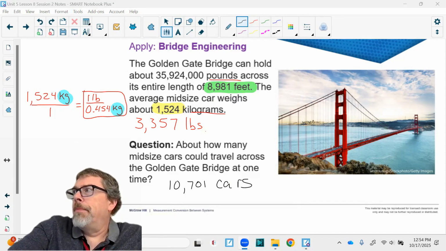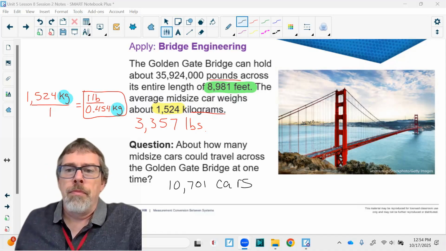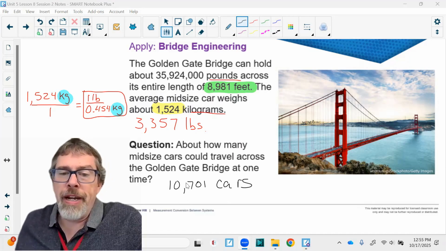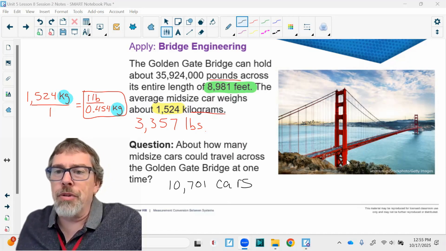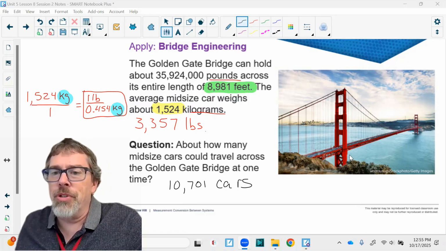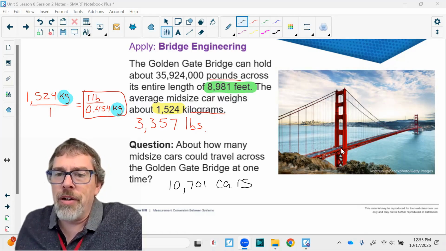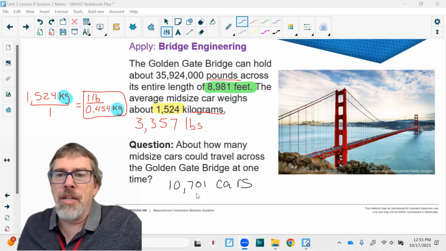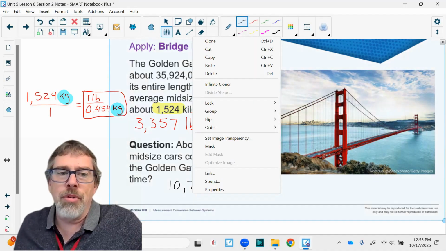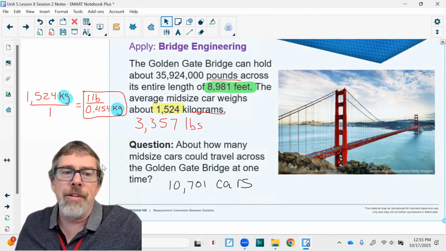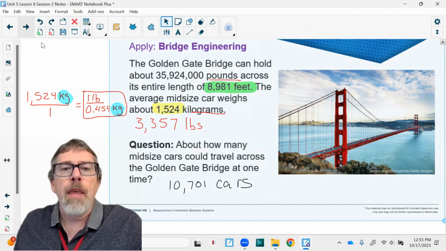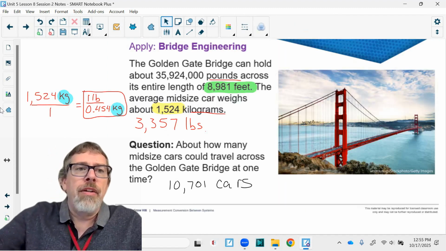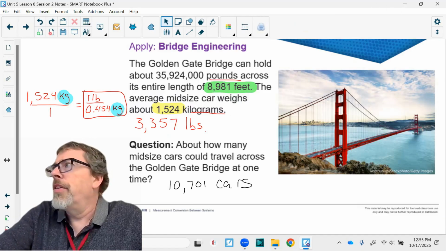That sounds like a lot. Okay, so that's approximately 10,700 cars. What they actually did was, you always want to be able to hold a lot more than that. You don't want to be close, so better to be safe than sorry. That structure will hold a lot more than what would ever be on it. Okay, so that brings us to the end of lesson 8. Thanks for watching.